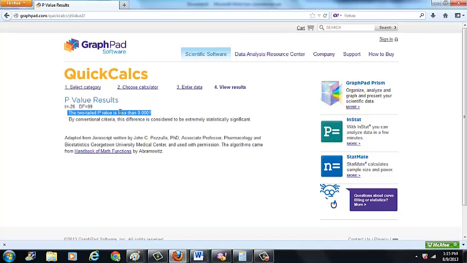So if it's a one-tailed test, we're really supposed to divide the p-value in half to get a one-tailed p-value. But if it says less than 0.001, you can't really divide that in half because it's not giving us an exact number.